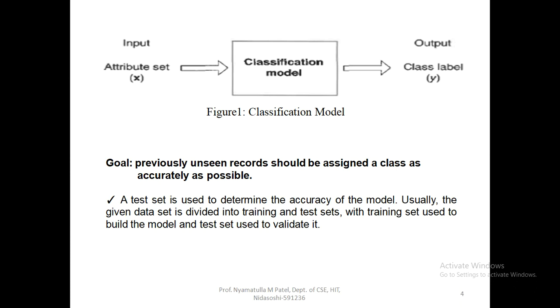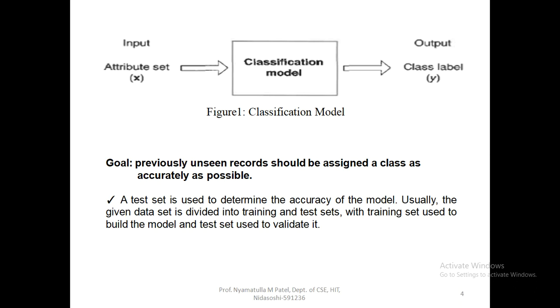Whenever you give input to the classification model with a particular attribute set, this testing example is given as input to the model. The model will search whether these attribute values match any of the objects already present in the trained examples. If it matches any object which belongs to a particular class, then the output will be my class label.